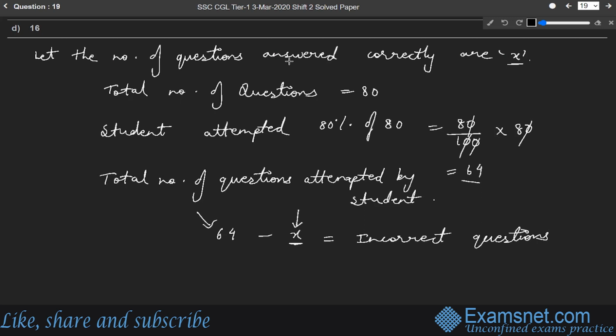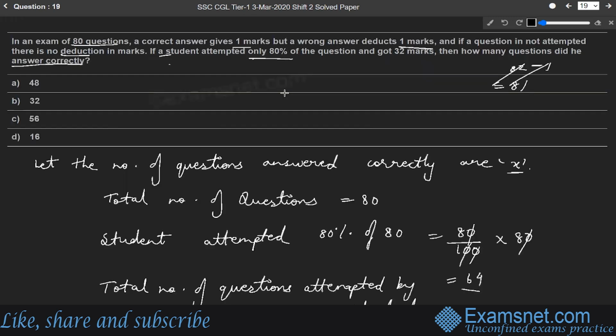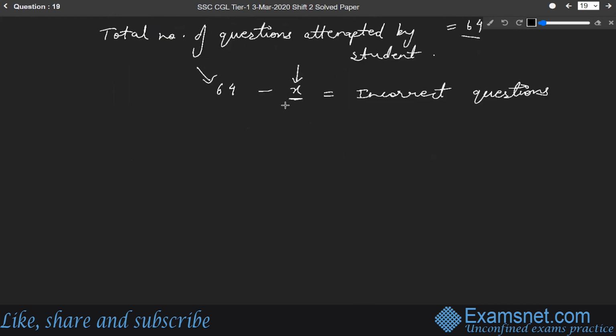Now, according to the question again, he attempted only 80% of the questions and got 32 marks. Then how many questions did he answer correctly? So, according to the question, his total score is 32, but the total score is a combination of correct questions and incorrect questions.